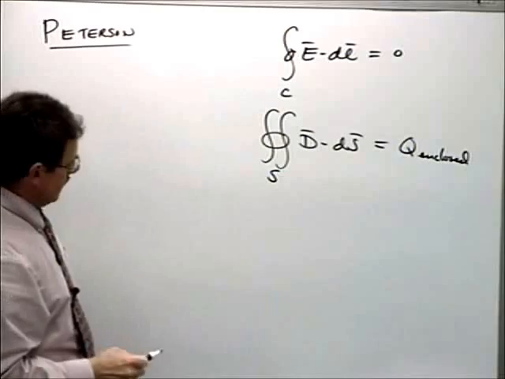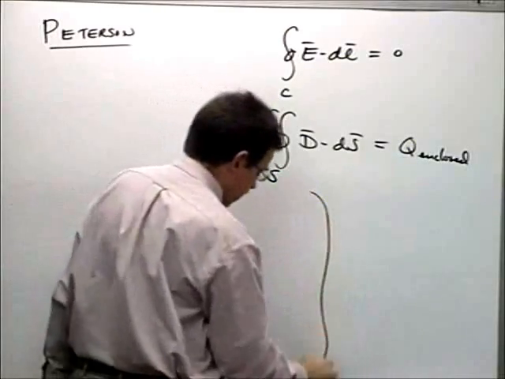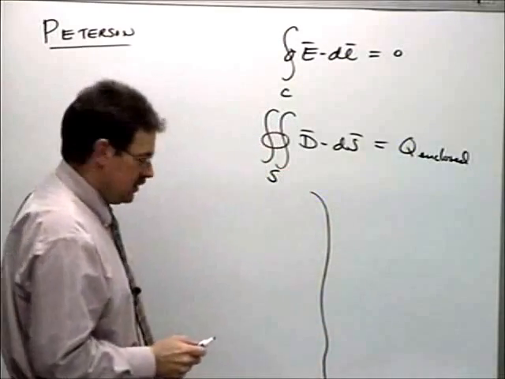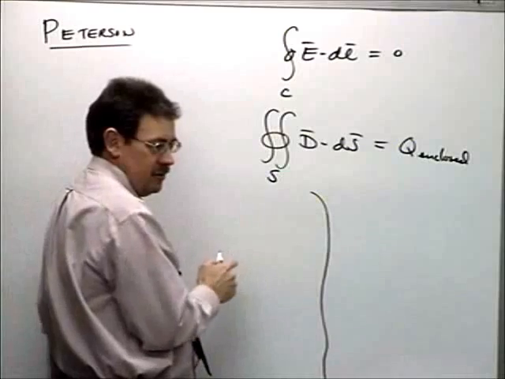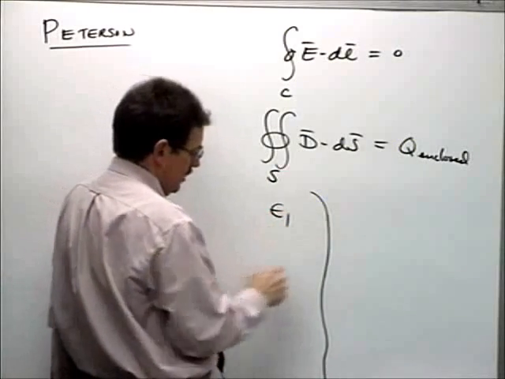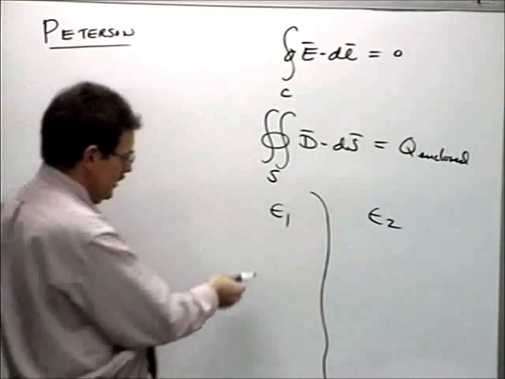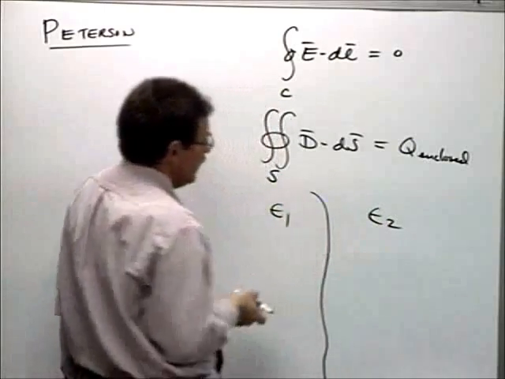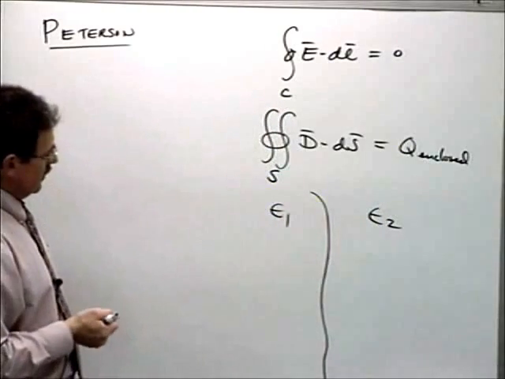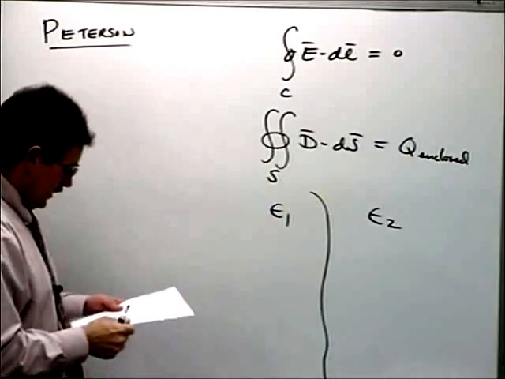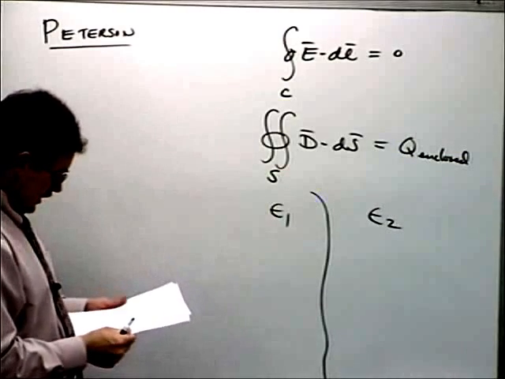And we'd like to ask the question of what happens if we're at some interface where we have two different materials. So we say we've got an epsilon 1 on this side, epsilon 2 on that side. The material changes, and we'd like to know something about what happens to the fields when the material changes like this.